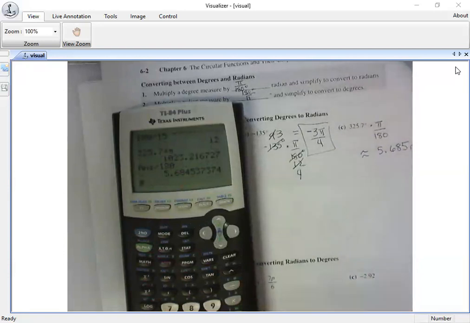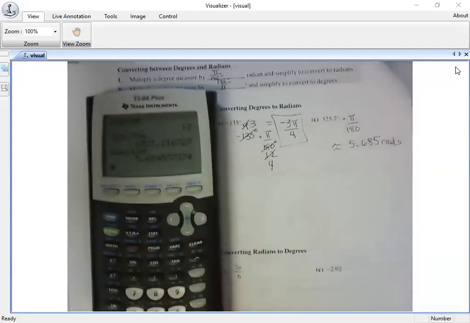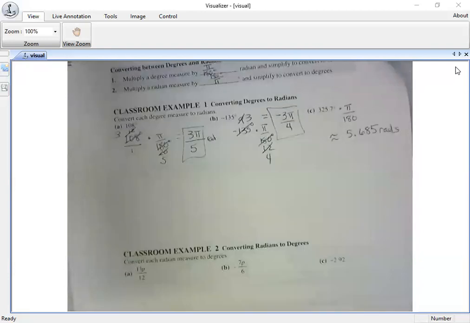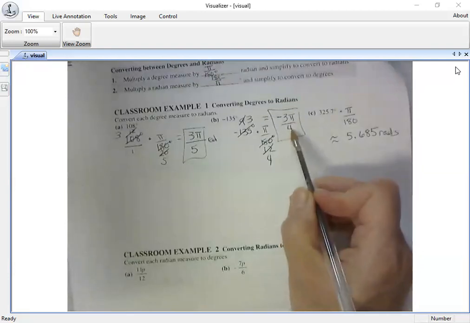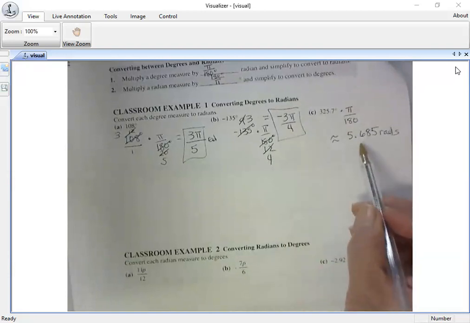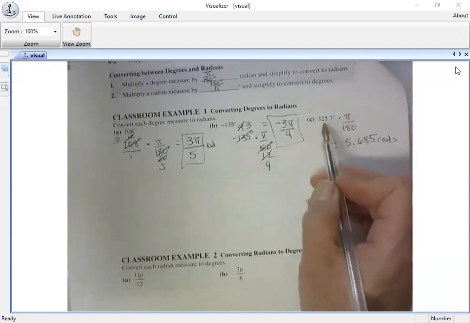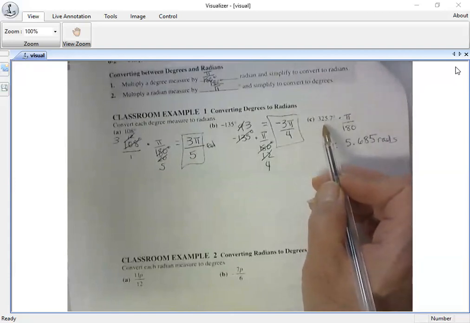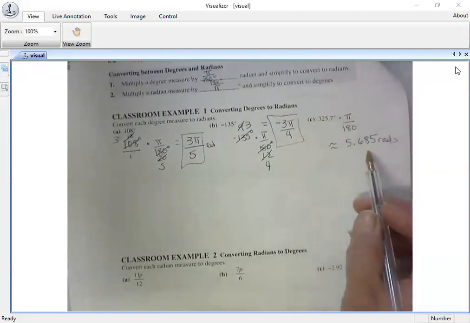Okay, so there are times that you will use the calculator approximation for pi if something doesn't clean up neatly. But remember, this is exact when we leave pi in it. This is approximated, okay? So if they give us something that is already kind of in decimal form that's not going to reduce down cleanly, you're probably going to have to do it this way.